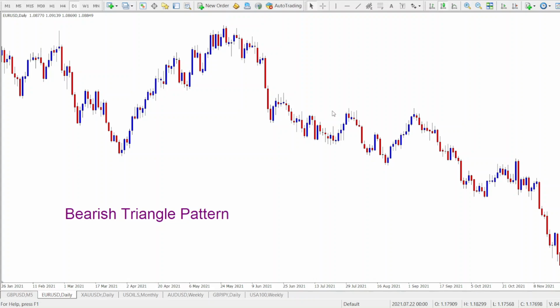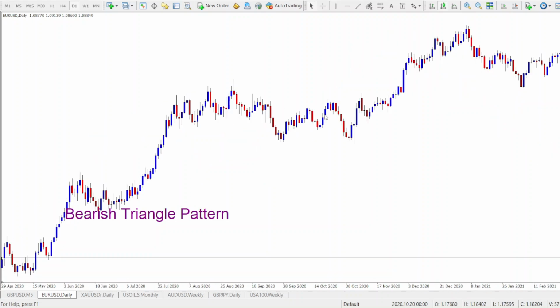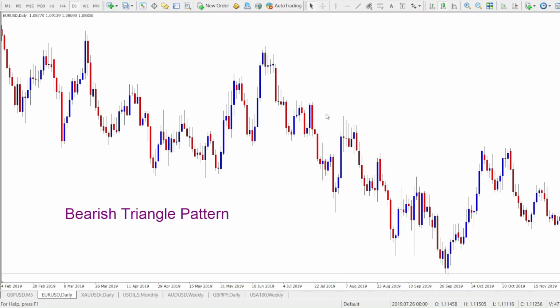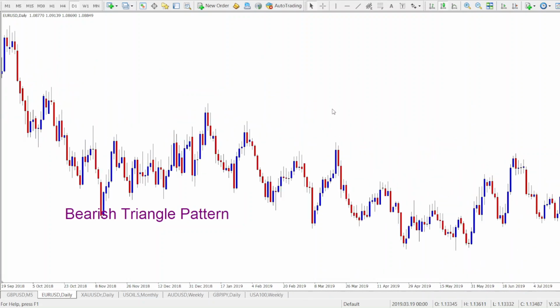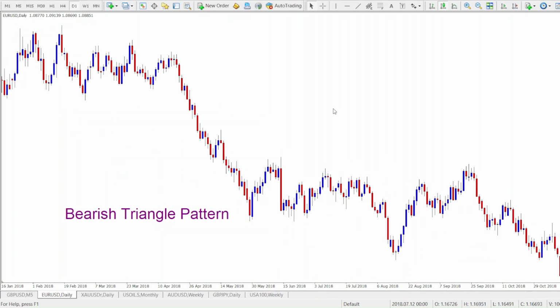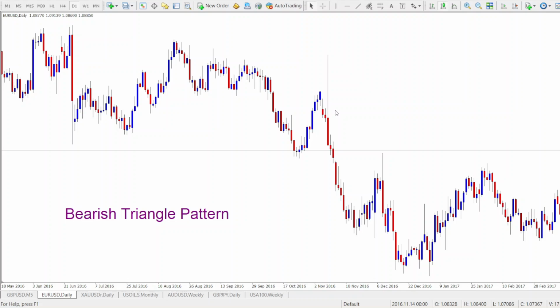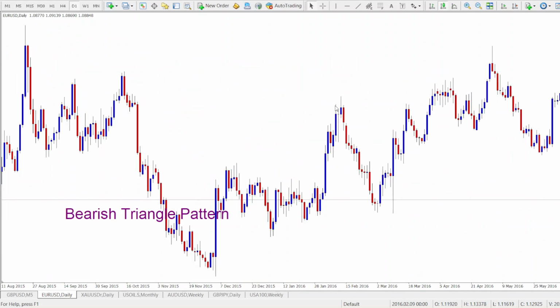As the price moves closer together, traders often refer to this as a triangle due to its shape on the chart. So let us see if we can find a bearish triangular pattern on this chart, so that we will be able to understand what we are talking about.